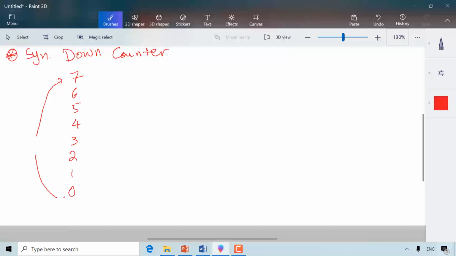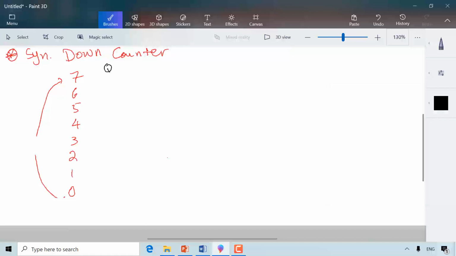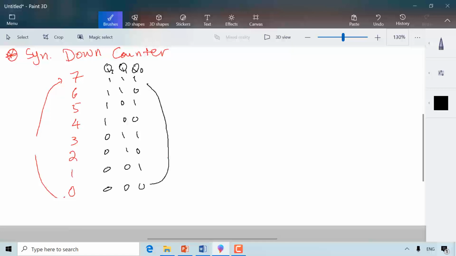Obviously, I can count this sequence. It is very clear that I need three flip-flops: Q2, Q1, Q0. Now I need to count 1 1 1, 1 1 0, 1 0 1, 1 0 0, 0 1 1, 0 1 0, 0 0 1, 0 0 0, and then go back here.